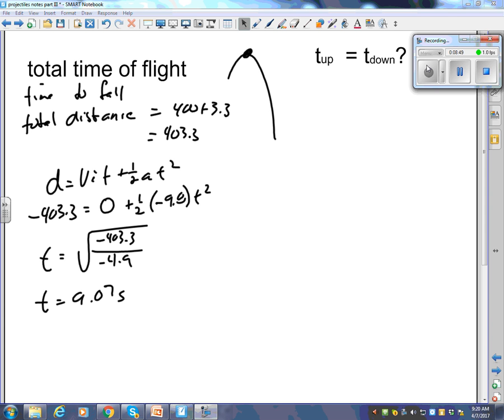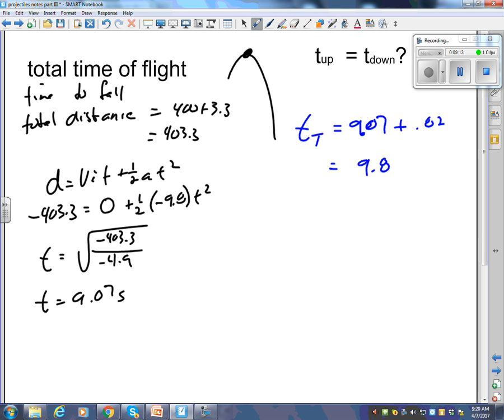Okay, so now, of course, you've got to find the total time. I'll call it TT. So that's going to be our 9.07 plus, what was that value from before? 0.82. And can we do that in our heads? We can. 9.89 seconds is the total time of flight.